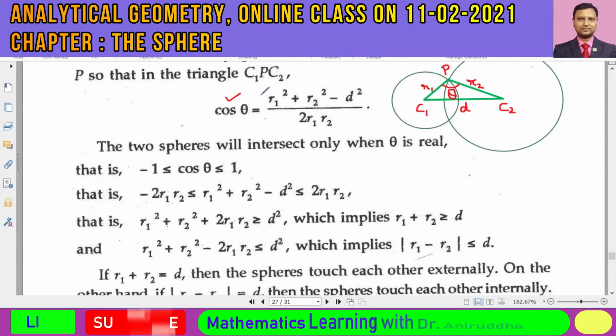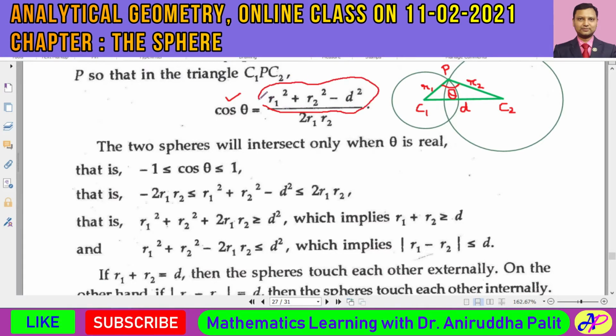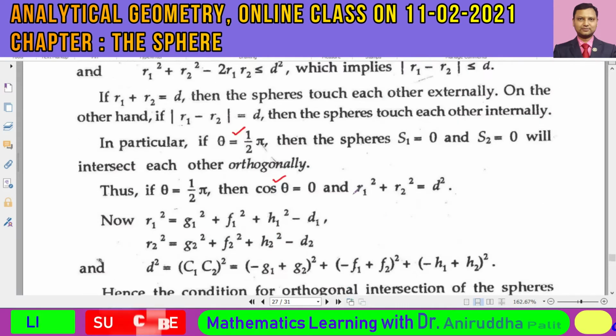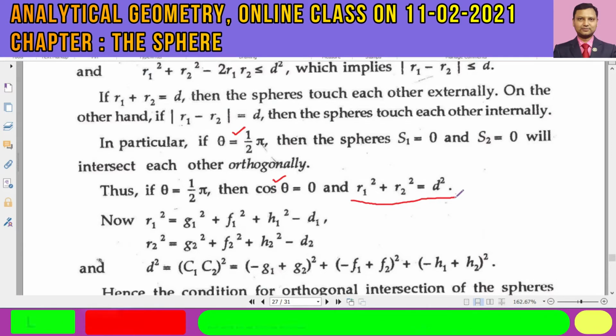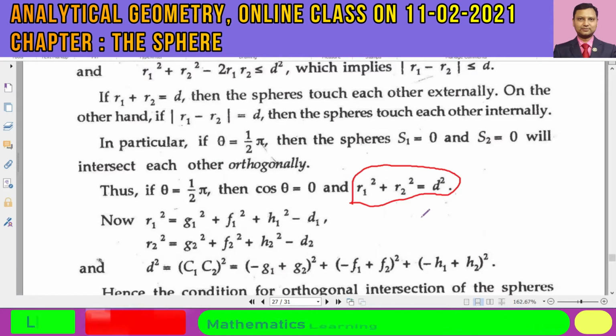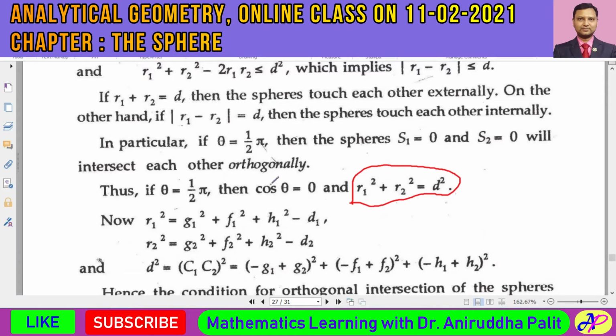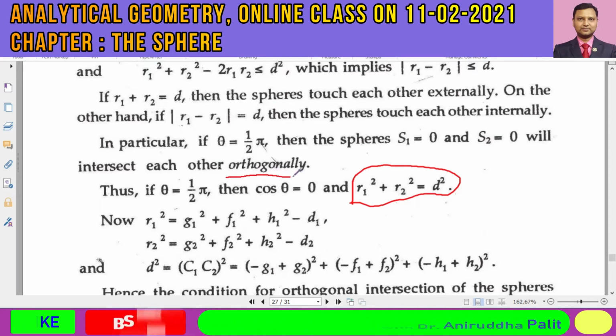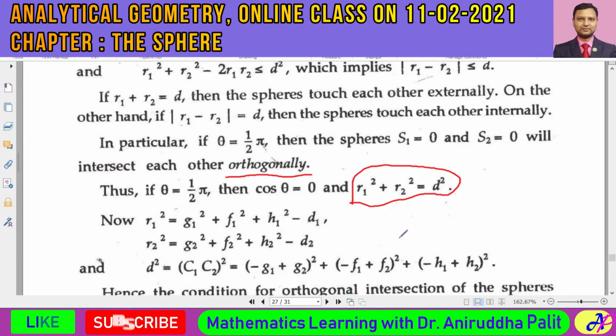So if cos theta becomes equal to 0, then this numerator should be equal to 0, and from this result we can say that r1 square plus r2 square should be equal to d square. This is the condition under which the given spheres S1 = 0 and S2 = 0 will cut each other orthogonally.